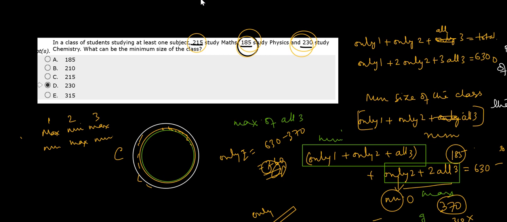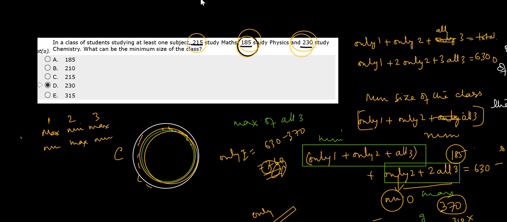So people who are studying only two subjects would be how much? People who would be studying only two subjects will fall in this region between the second and the third circle, right?